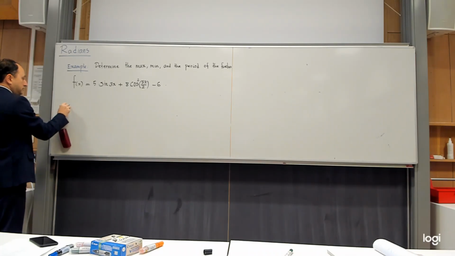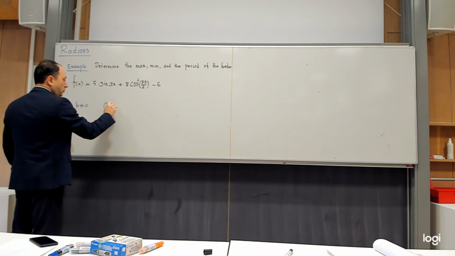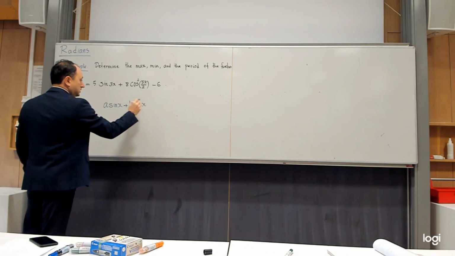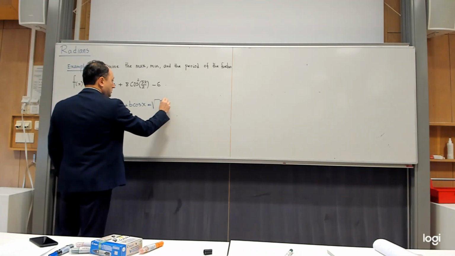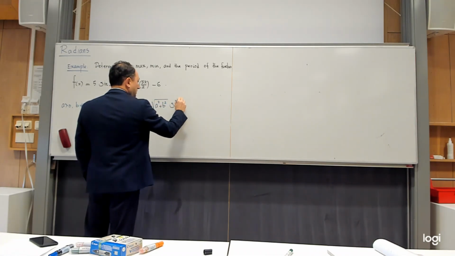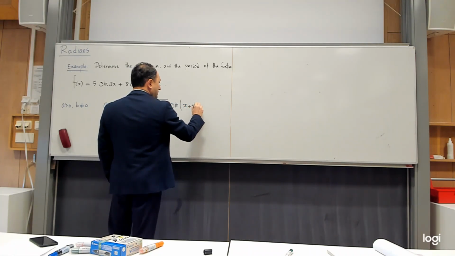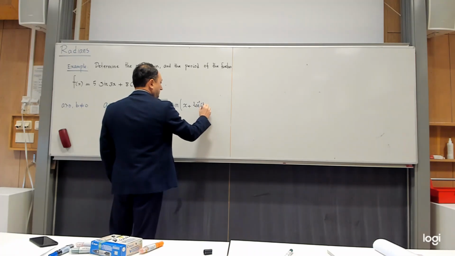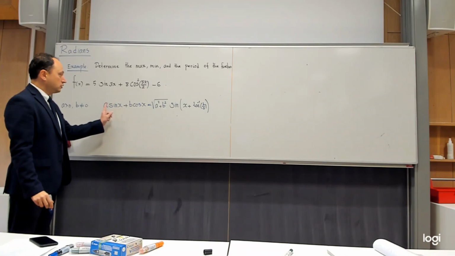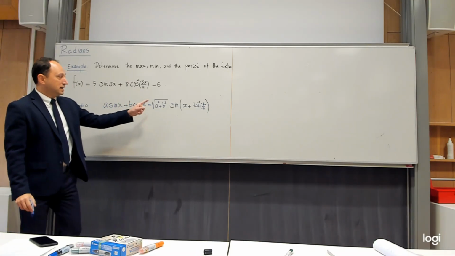If A is positive and B is not equal to 0, then an expression of this form, A times sine x plus B times cosine x, is equal to the square root of A squared plus B squared, times sine of x plus tangent inverse of B over A. And I told you that whatever this x is, if you want to use this formula, this should be the same x and this should be the same x.